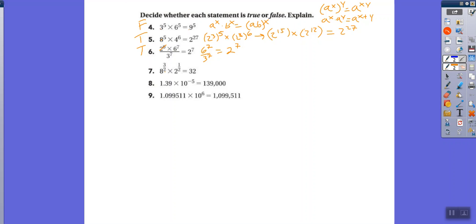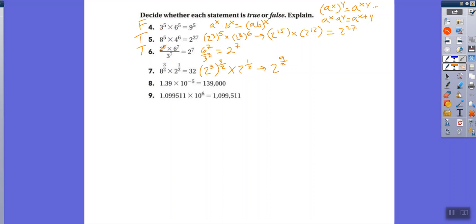So I'm going to say that 8 is equal to 2 to the 3rd, and I'm going to take that to the 3/2 power times 2 to the 1/2 power. Now I'm just going to use this rule right here, multiply the exponents. So 2 to the 3rd to the 3/2 power, well that's going to be 2 to the 9/2 power, because I'm just multiplying the numerators, right?